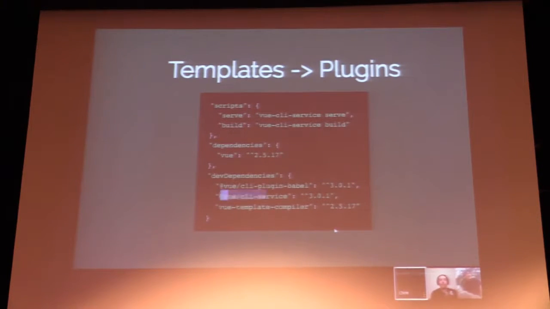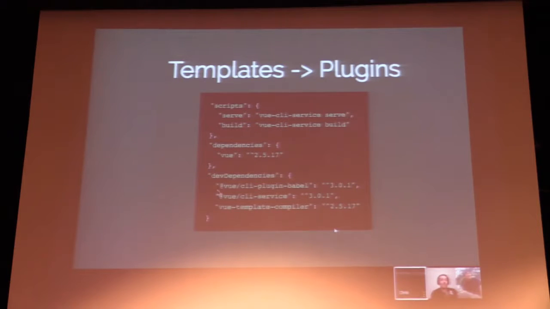Using Vue CLI service and plugins like Vue CLI plugin Babel, in order to use Babel in your project, you can get all the recommended settings and dependencies for a Vue project, and you don't have to worry about maintaining it. You don't have to worry about updating it when new versions of Babel come out.